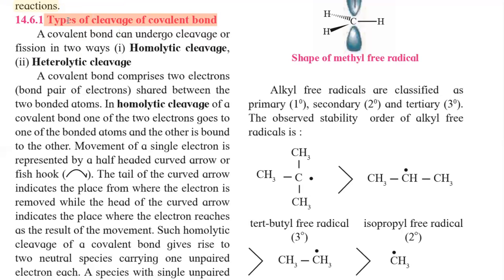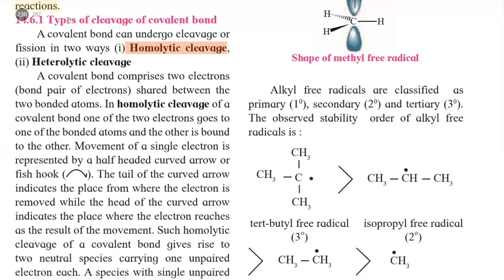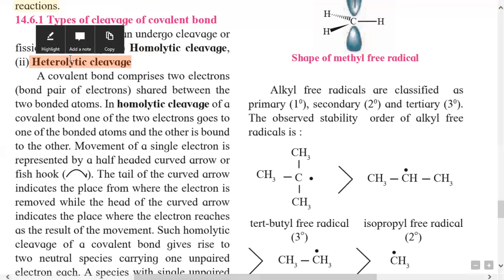Cleavage means breaking of bond, and it is also called fission of covalent bond. This fission of covalent bond takes place in two ways. One way is homolytic cleavage and the other is heterolytic cleavage. First we will study homolytic cleavage.